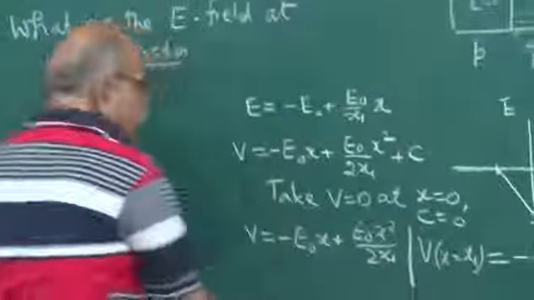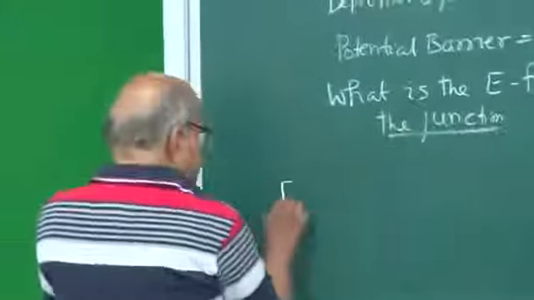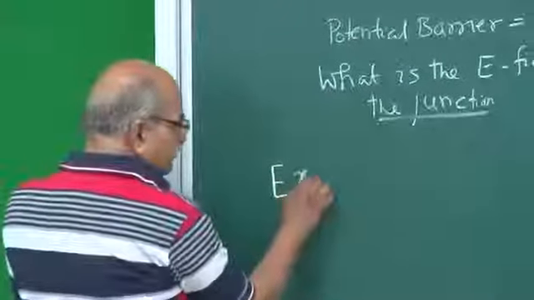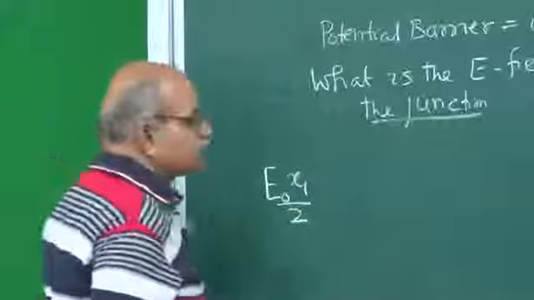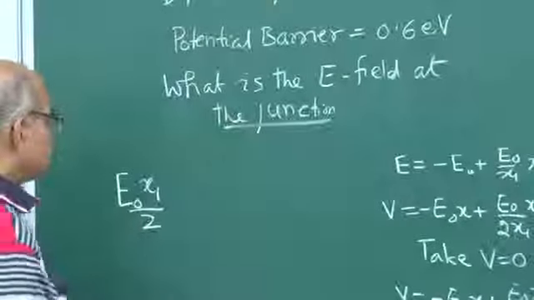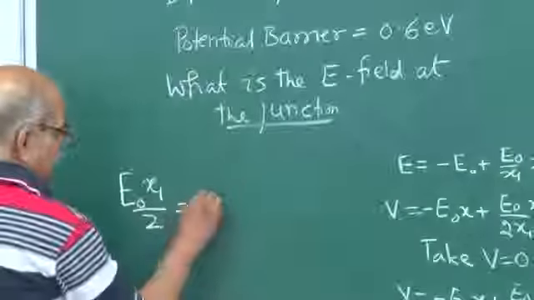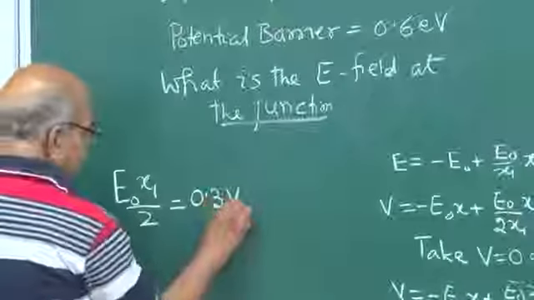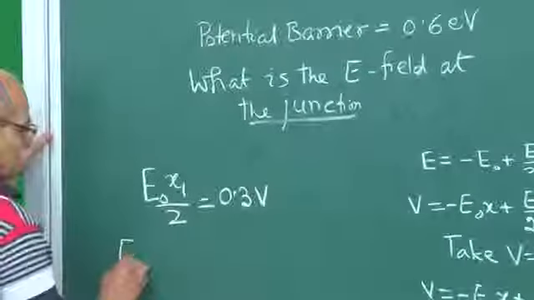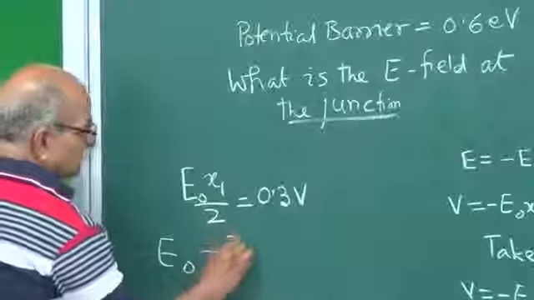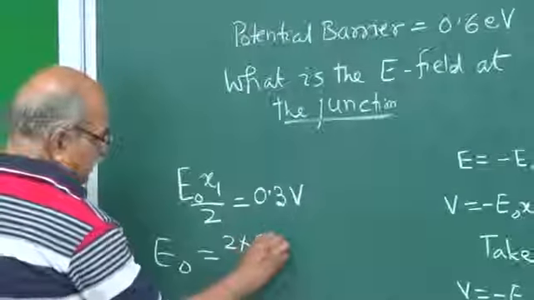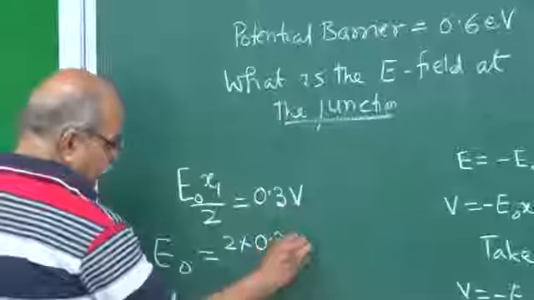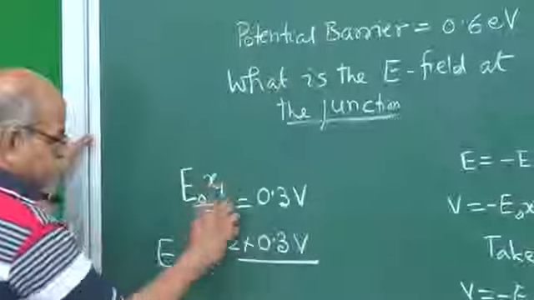So E naught x1 by 2, the potential difference from the junction to the end of the barrier, should be 0.3 volts. From here you can get E naught, which is 2 into 0.3 volts divided by x1.